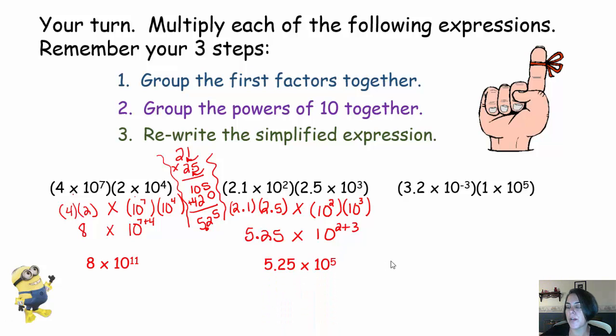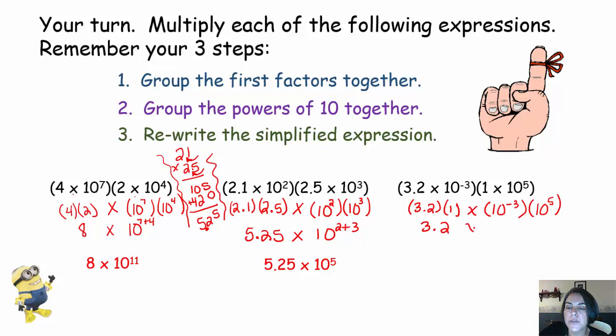Let's try that last one. In the last example, 3.2 times 1, I'm going to group those together. Still being multiplied by 10 to something. 10 to the negative 3 times 10 to the 5th. I'm going to go ahead and group those together. This one I can handle without a calculator. 1 is our multiplicative identity. Any number times 1 just gives you that number back.